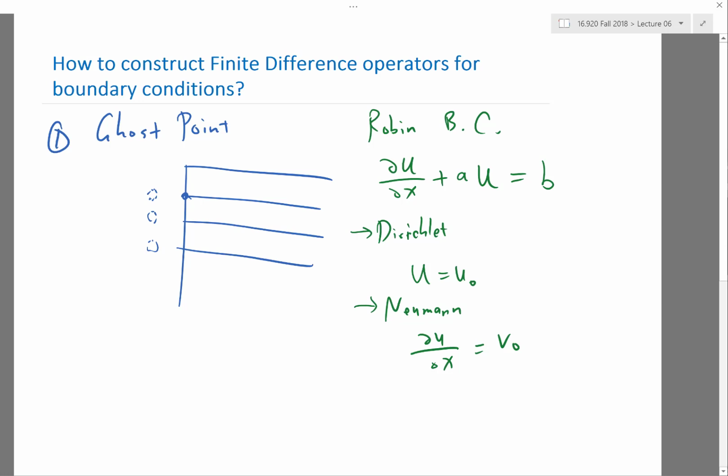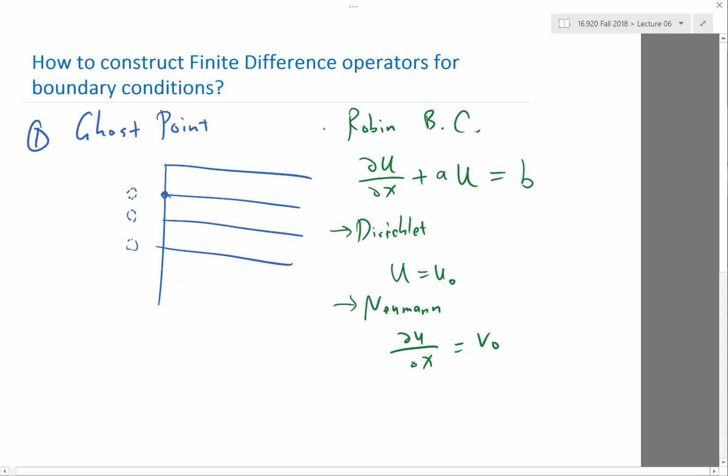So if you know the gradient in the direction normal to the boundary, you know the rate of heat that goes into the boundary, right? So this is the case when you know the heat flux. If you shine infrared light on whatever piece of material, Neumann boundary condition is probably the right thing to do. And how about Robin boundary condition?